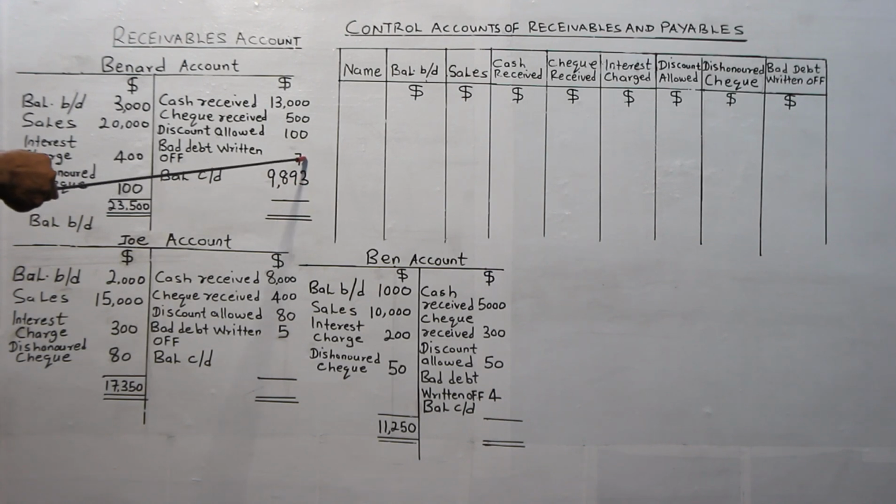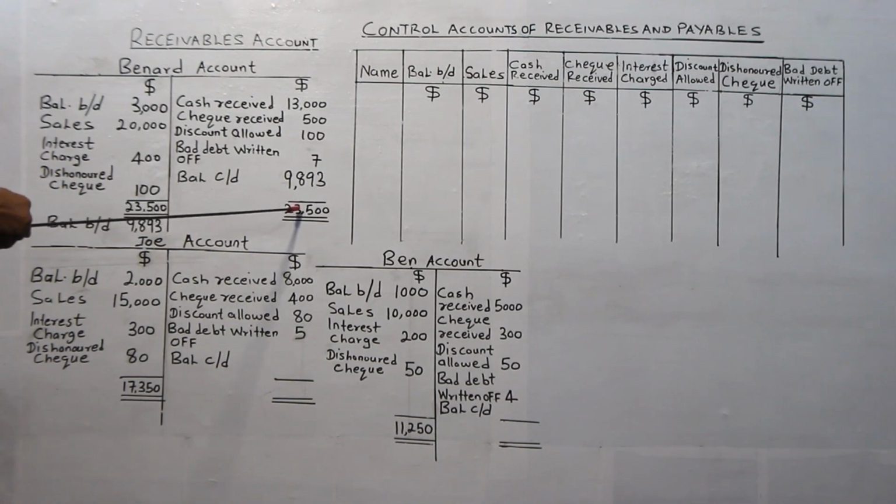If you add 9,893 plus 7 plus 100 plus 500 plus 13,000, it will give us the same figure as 23,500, which we are going to place here in the same line with this. That gives us 23,500, which is in the same line with this, and the account is closed.